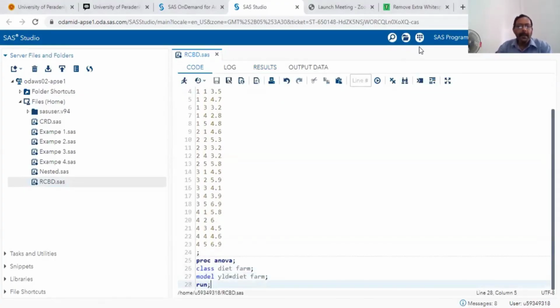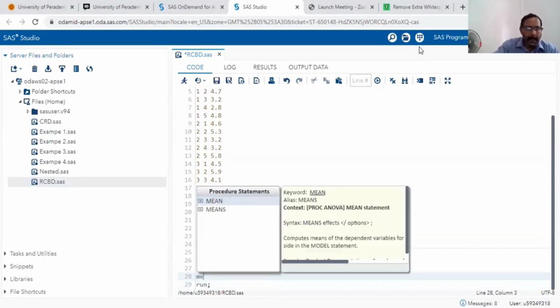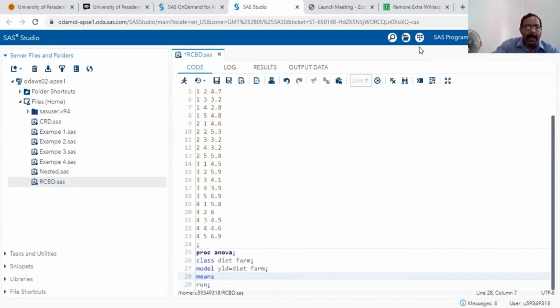So what do we write? Here 4 diets are there, so I can use the LSD, no problem. Here, can I write treatment? Am I right or wrong? Wrong. What should be written?